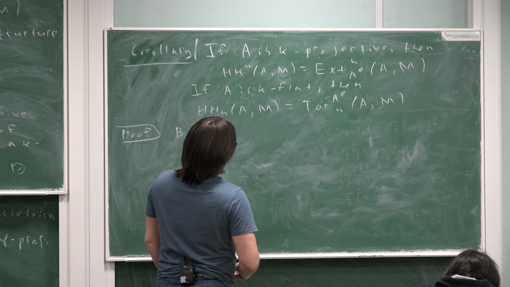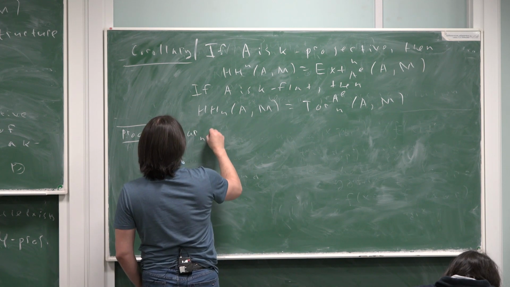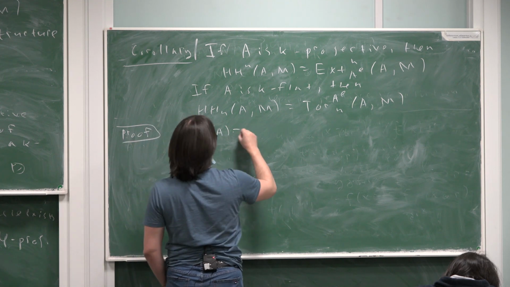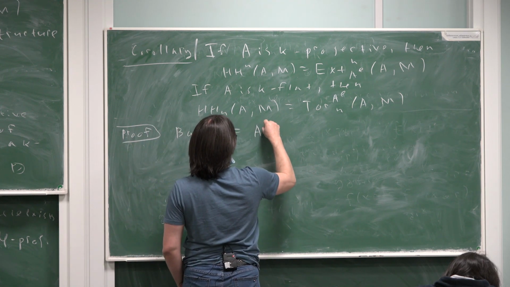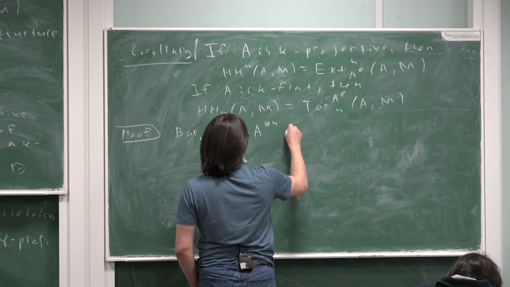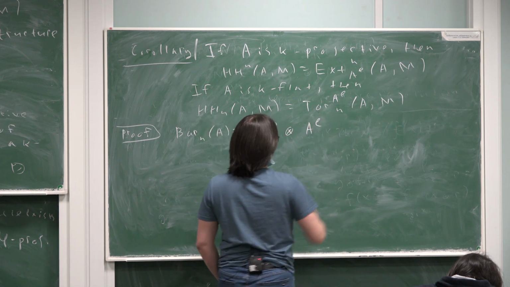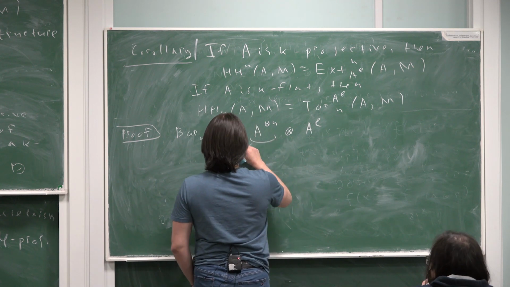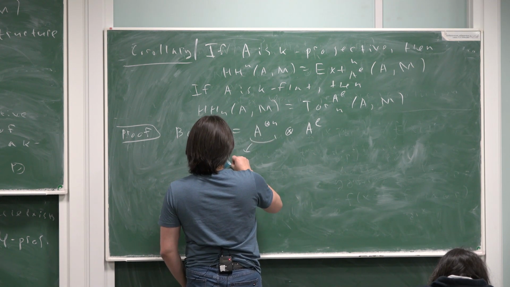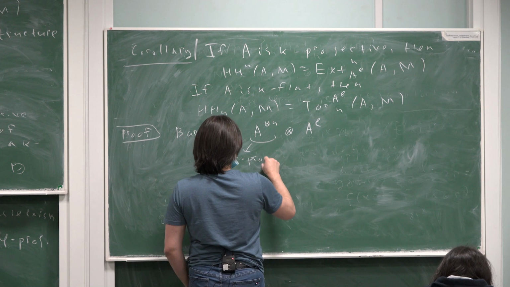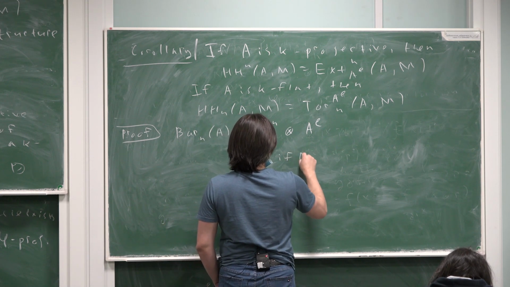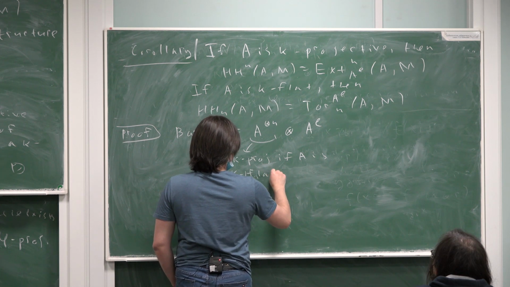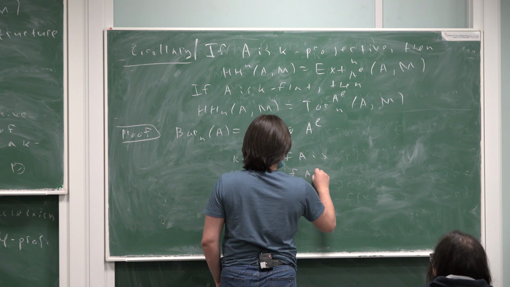but bar n of A, as we have shown, is A tensor n tensor A, and this guy is k-projective if A is, and it is k-flat if A is.